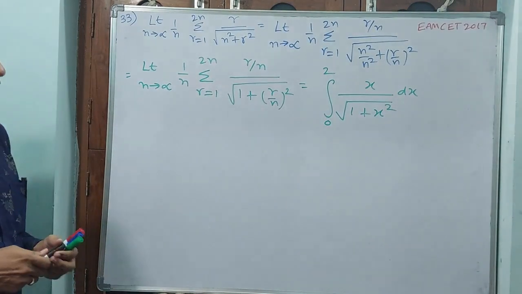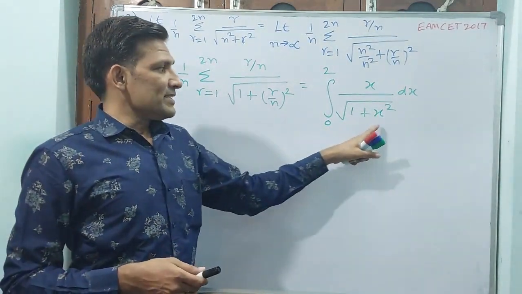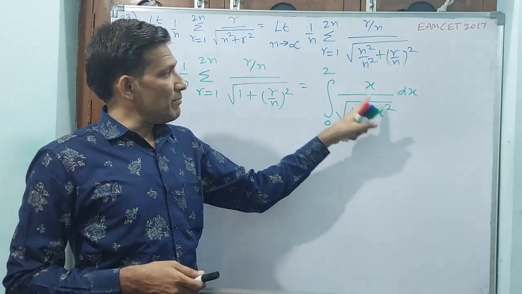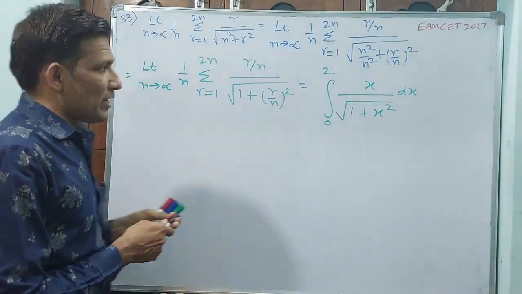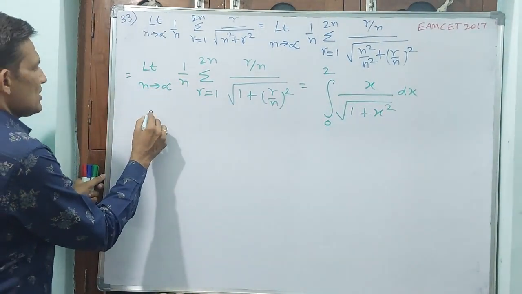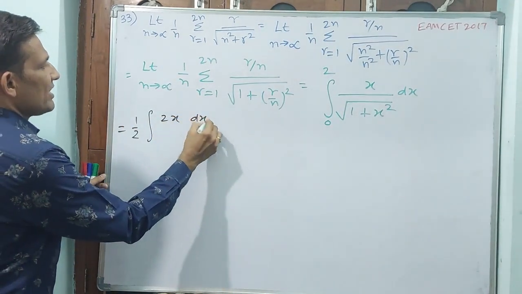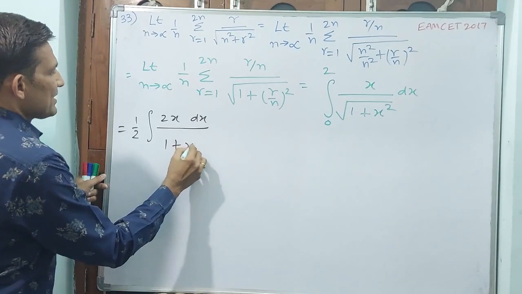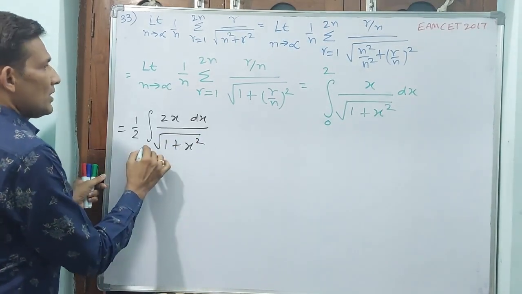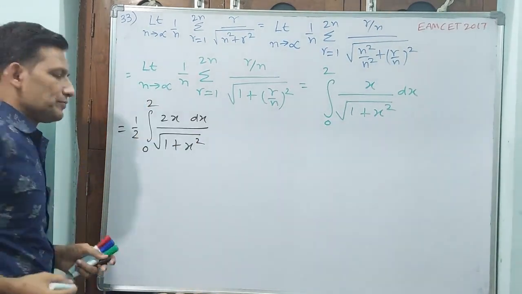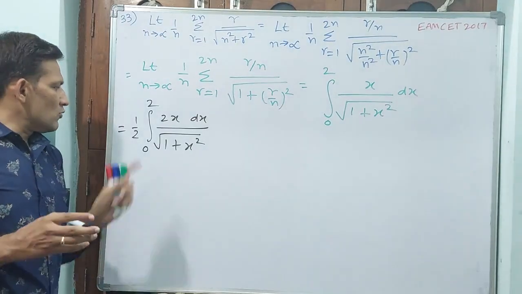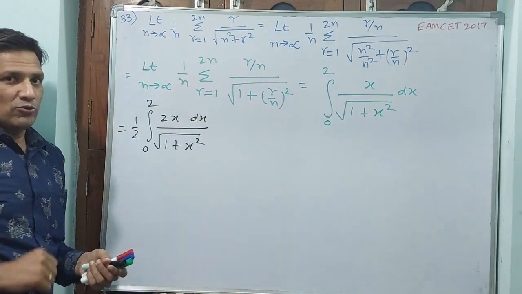Understand? Okay, now you see, if you take this as t, 2x will come, but here x only is there. That means you change it to 1 by 2, 2x dx by square root of 1 plus x square, and this should be 0 to 2. Okay, now the 2 is going to get cancelled out. Again the same thing is going to happen. Why?